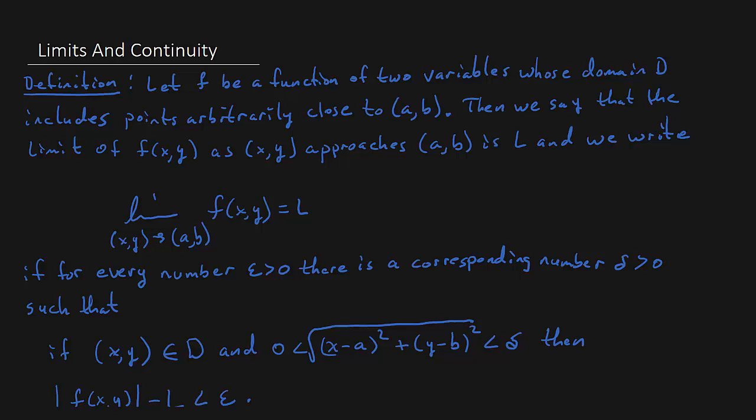Definition: let f be a function of two variables whose domain D includes points arbitrarily close to (a, b).